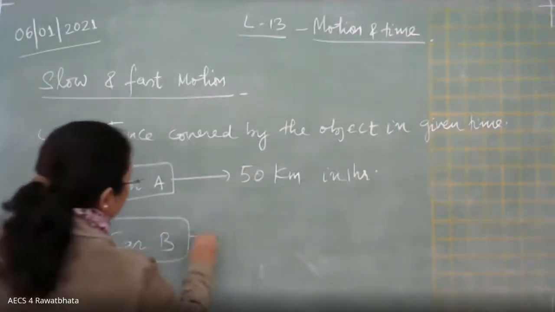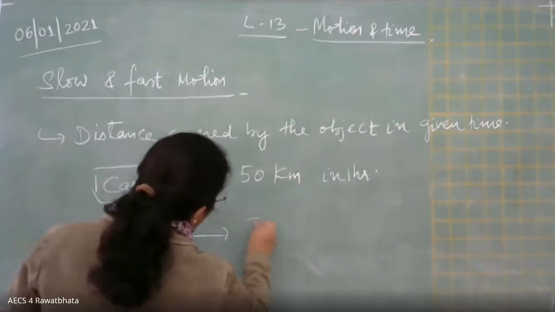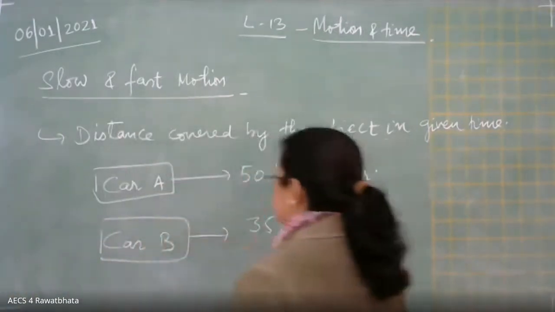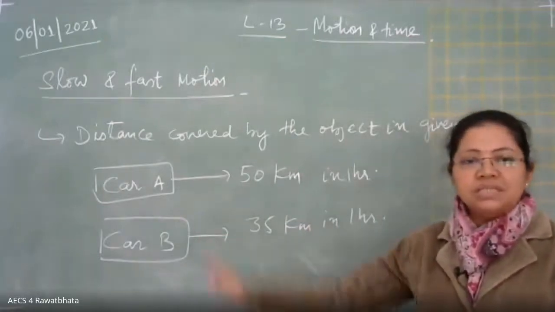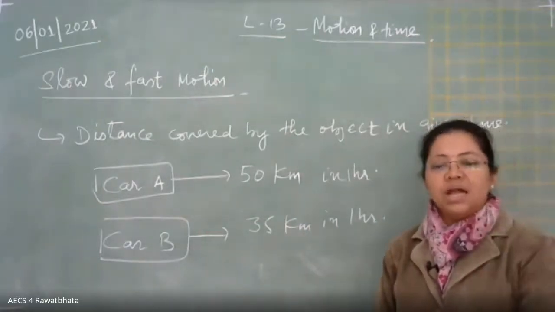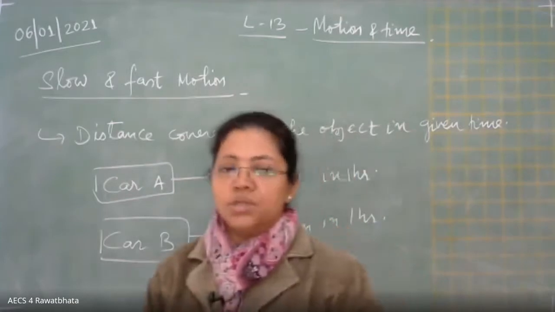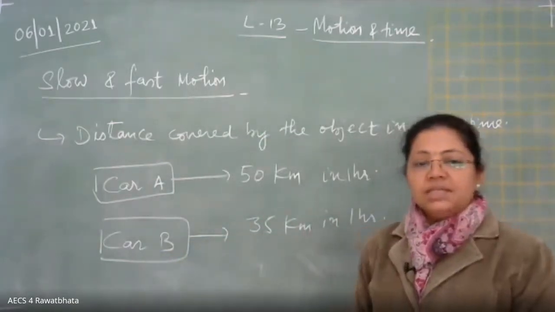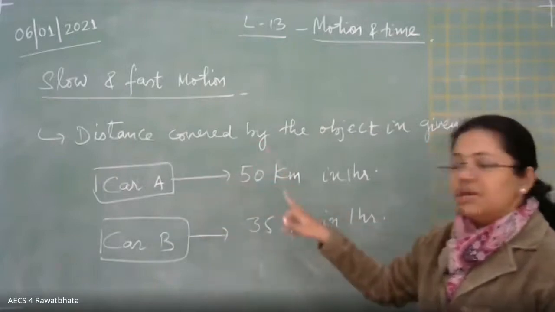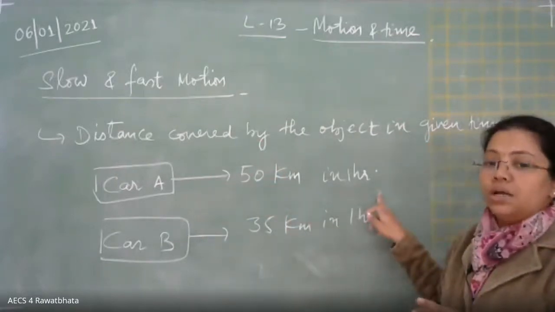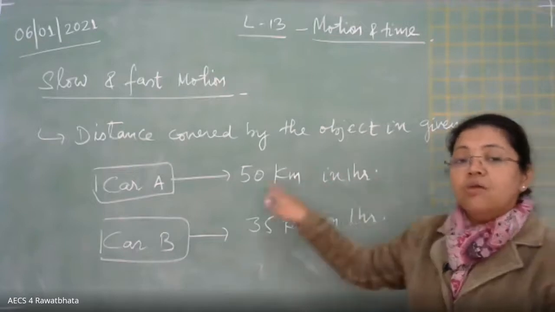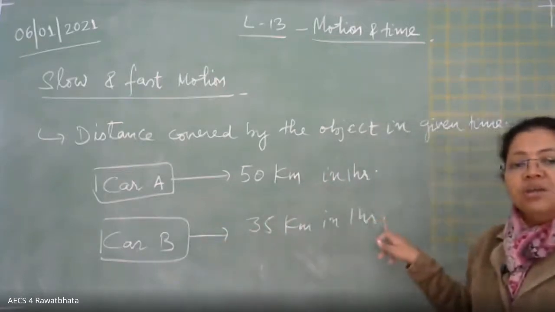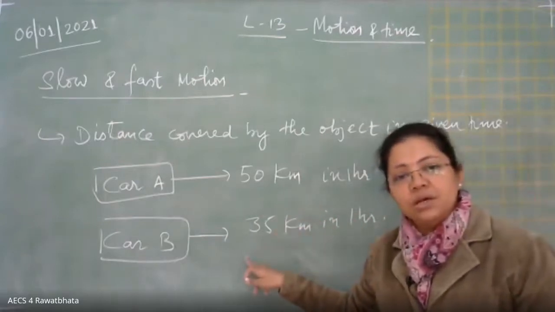But car B is covering 35 kilometers in 1 hour. Now we have taken two examples, car A and car B. Say for example, two cars are there in front of you on the road. They are running. Okay. So now we got the data that car A is covering 50 kilometer in every 1 hour. हर एक घंटे में जो कार A है 50 किलोमीटर कवर कर रही है, जो कार B है 1 आवर में सिर्फ 35 किलोमीटर कवर कर रही है.